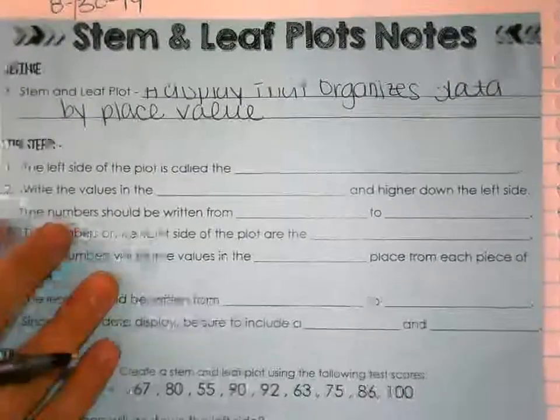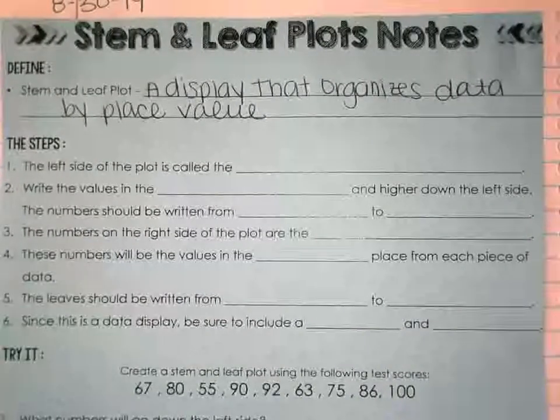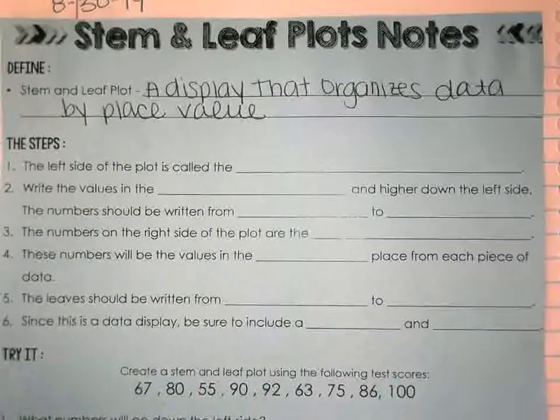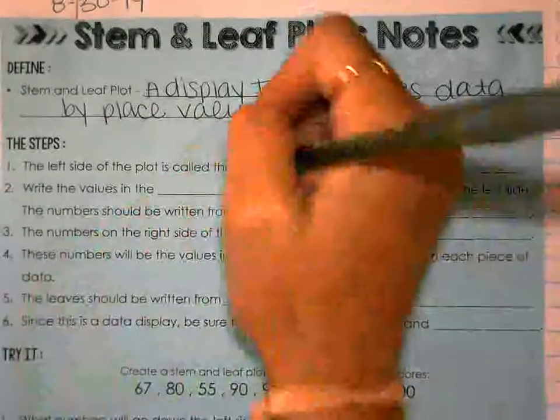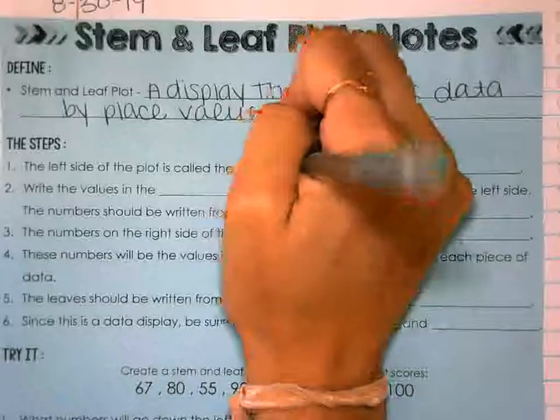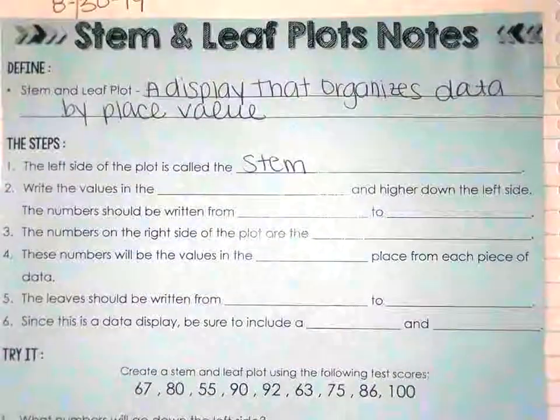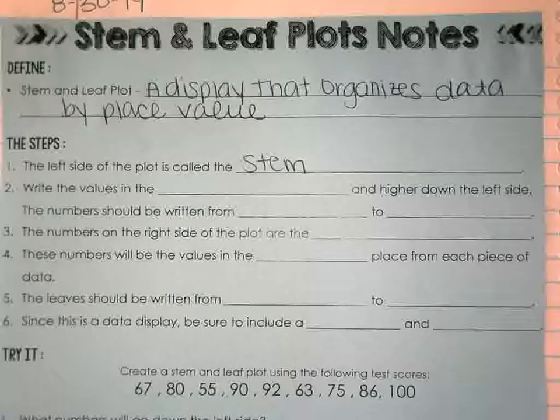Okay, so here are the steps. There are a total of 6 of them. There are 2 sides to a stem and leaf plot. We have the left side and we have the right side. The left side of the plot is called the stem. So that's your base.